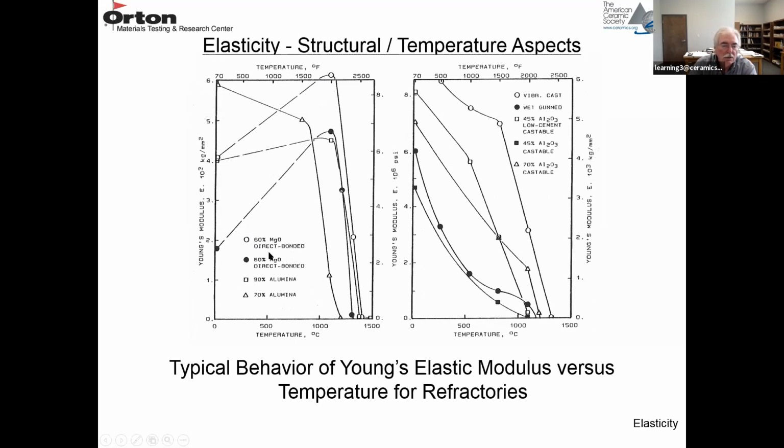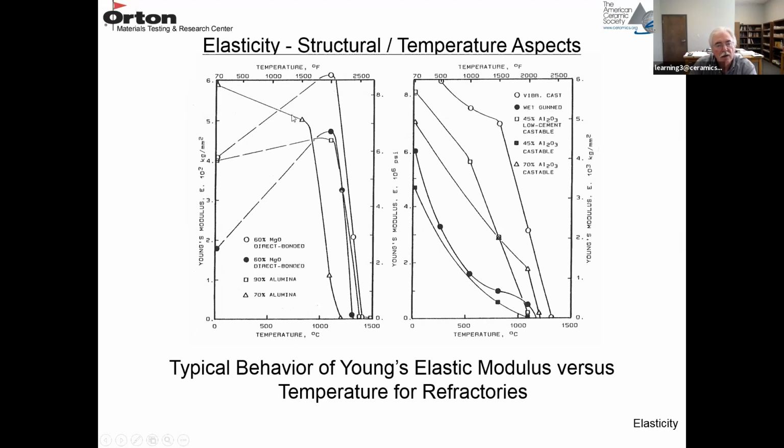So the MgO crystals are in contact with each other. It's probably, the balance is probably Cr2O3. There's a 60% MgO, again, that's direct bonded. So this one and this one. The square is a 90% alumina, and the triangle is a 70% alumina, fired refractory material.